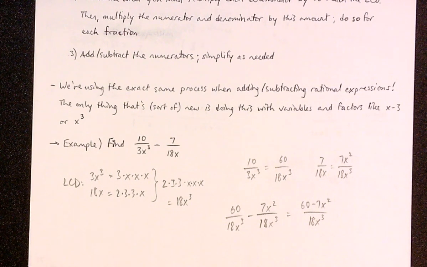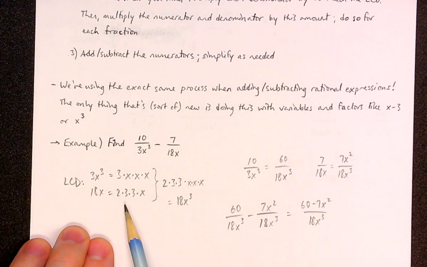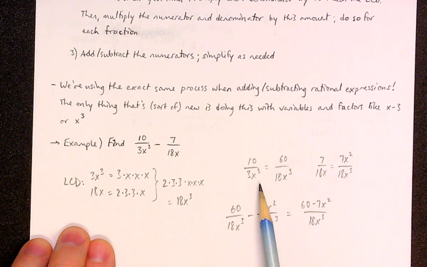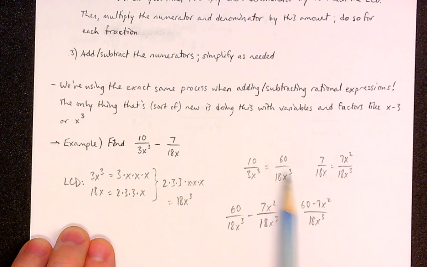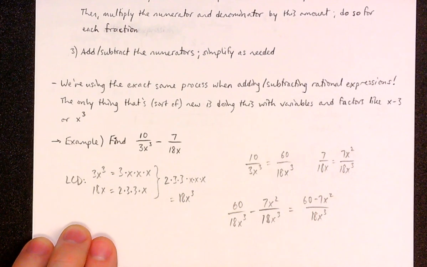So again, just focusing on the steps that we did, we found the LCD just like we did in our previous video. Then, once we found that LCD, we figured out what we had to multiply by to get an equivalent rational expression with the denominator now being the LCD. We've been doing this throughout the whole course.